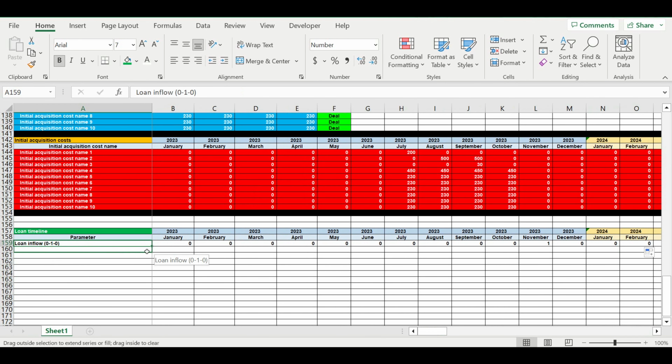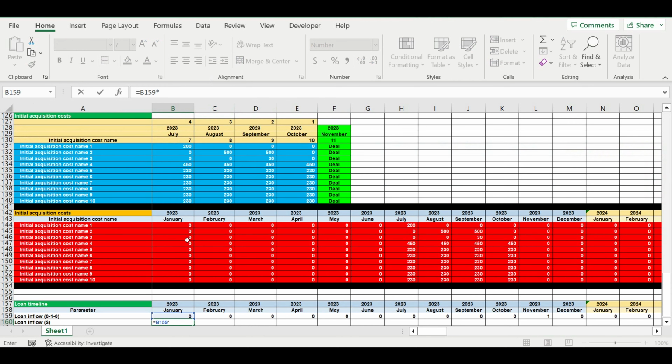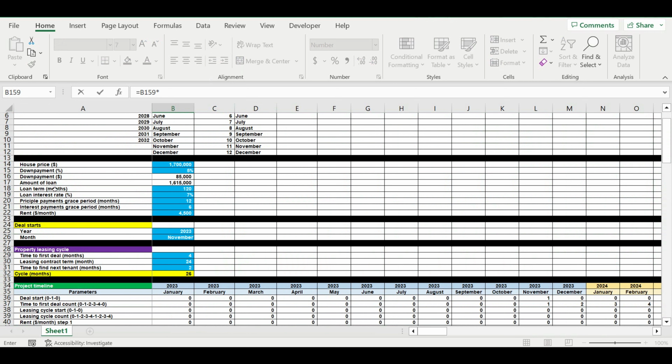Then we start talking about the actual dollar inflow. So this is the amount of loan, we are freezing it.